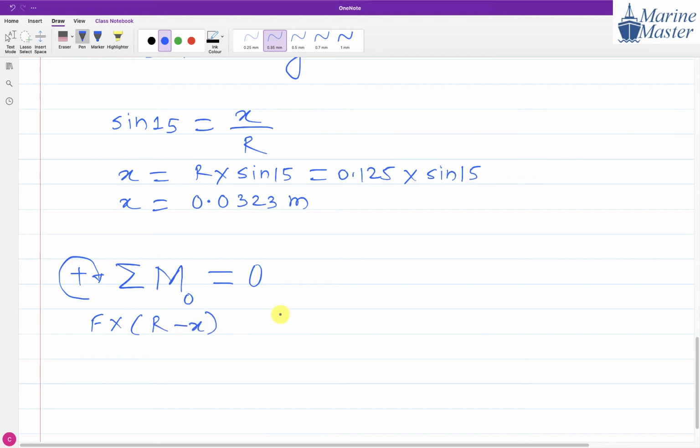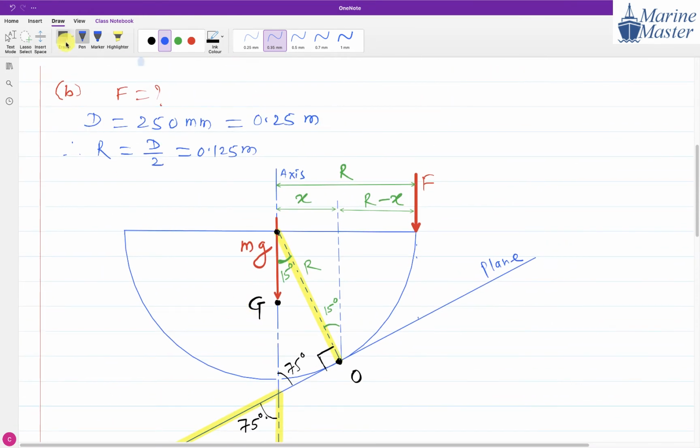Then we have another force, weight mg. For weight mg, what will be the turning effect about point O? Just imagine this is point O and this is mg. The turning effect will be anti-clockwise.